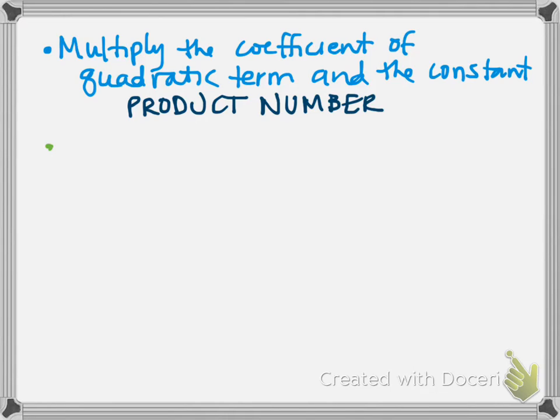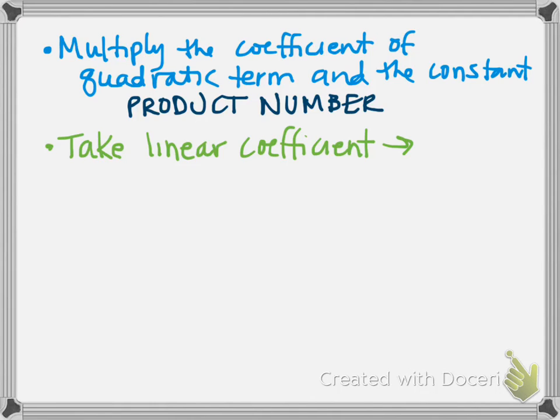Okay, and remember the x goes on the top. And then we're going to take the linear coefficient and its role is to be the sum number. Sum as in S-U-M, not S-O-M-E.